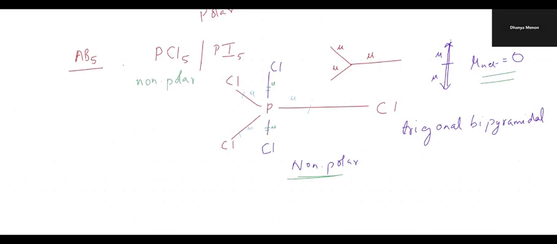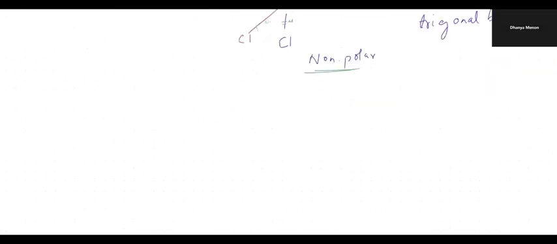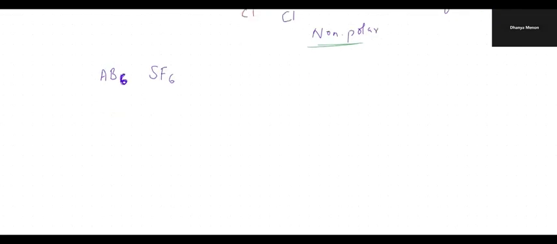Coming to AB6. SF6. Now here, the structure is 1, 2, 3, 4, 5, 6, all connected to fluorine. This is a symmetrical molecule, you can see.